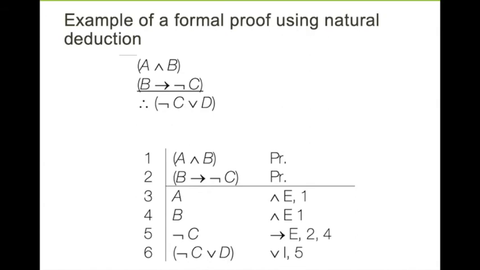The proof itself is these 6 numbered lines below the argument. Lines 1 and 2 are the premises. So compare lines 1 and 2 of the proof to the premises of the argument above. You see the same sentences. To the right of the sentences, we see these labels PR.